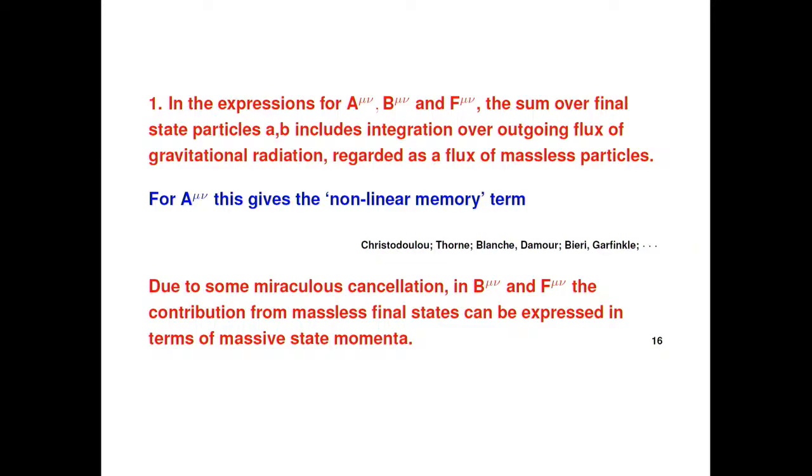You have some incoming particles, some outgoing particles, and in terms of this you can calculate these coefficients, but the outgoing particles involve gravitational waves. So unless you actually calculate those gravitational waves, you cannot calculate what these coefficients are, and this is indeed true for A mu nu, and this again has been known for a while. This is what is called a nonlinear memory term.